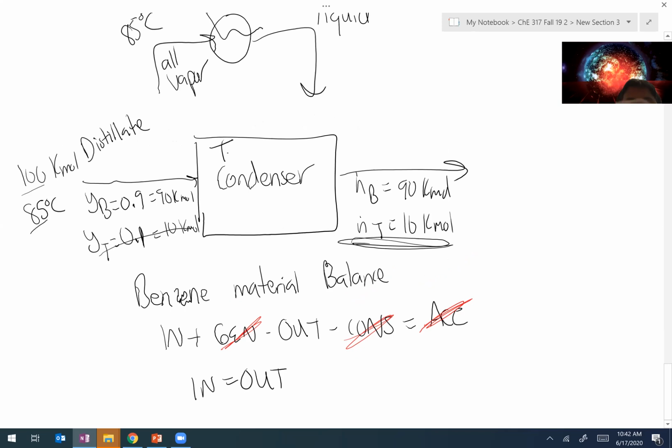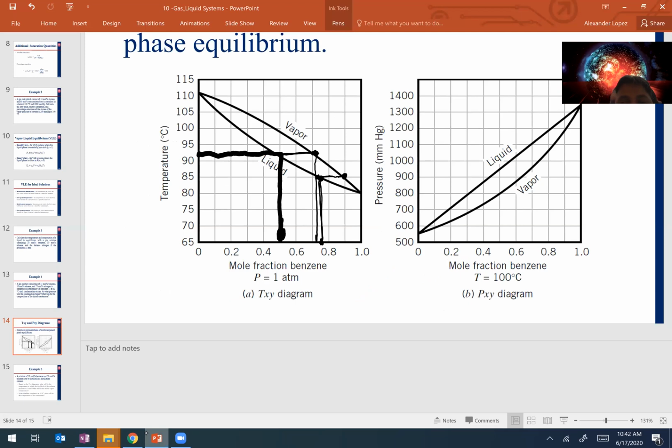And this is what's known as a total condenser. And it's important to designate it as a total condenser because everything is going into the liquid phase. And so in that case, what that tells us is for a total condenser, the system's not going to be at equilibrium because we're going to be forcibly condensing all the material.